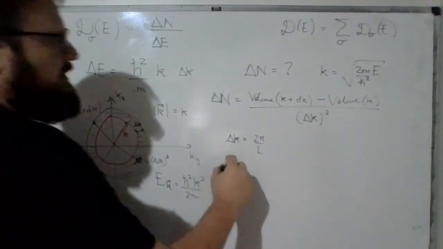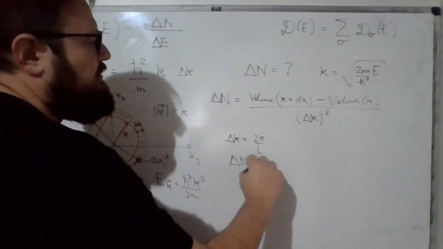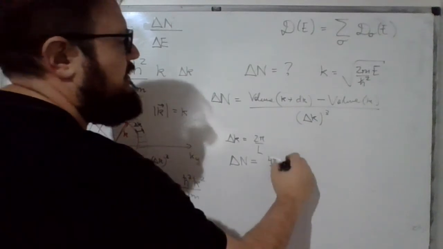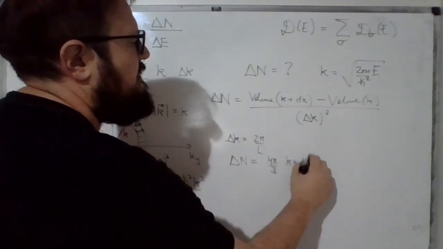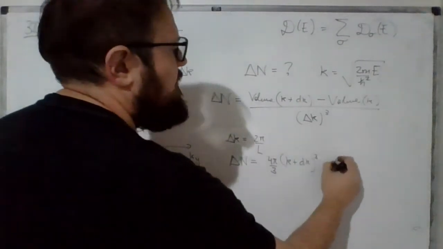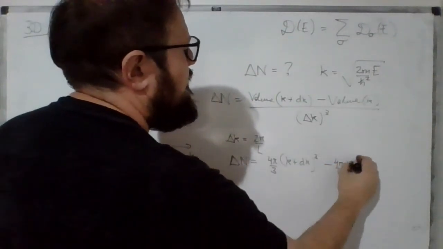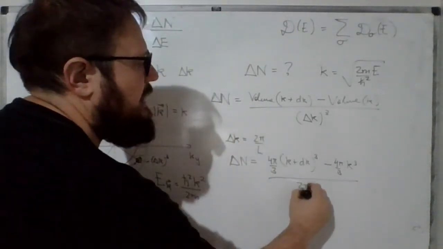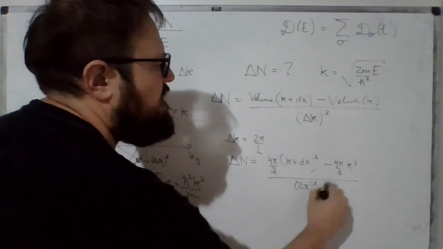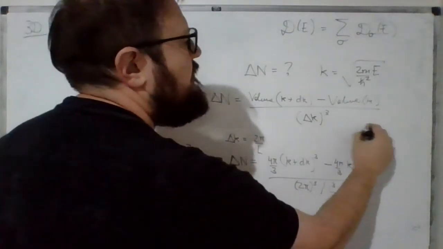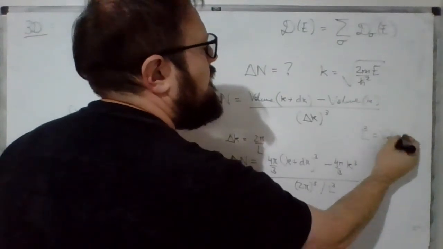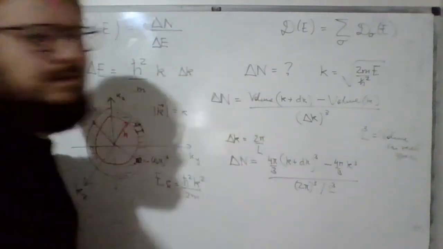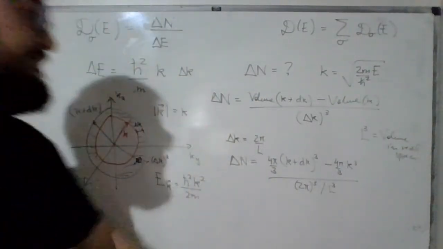And therefore, you have a delta n, which corresponds to the volume of a sphere, 4 pi over 3 times (k plus dk) cubed minus 4 pi over 3 k cubed, and you divide this by (2 pi over L) cubed. But L cubed, remember, is the volume in real space.